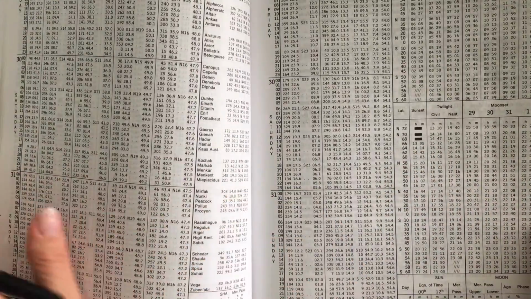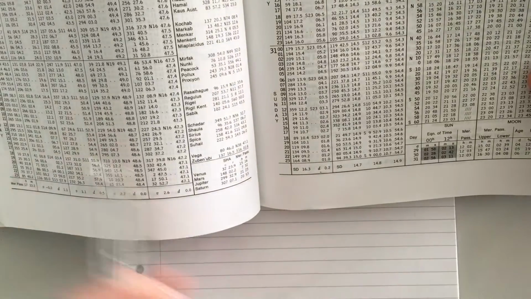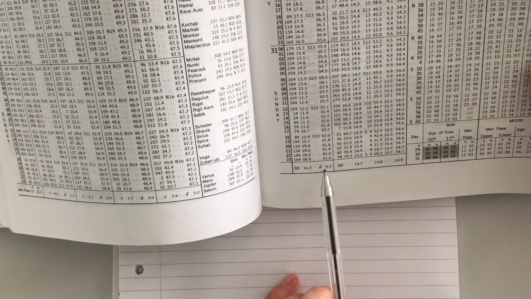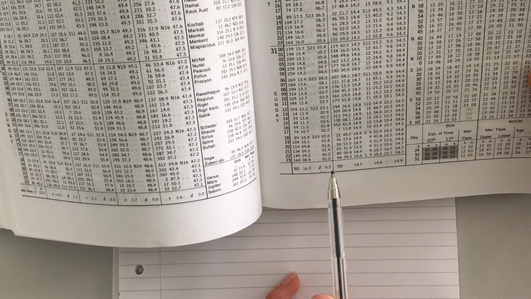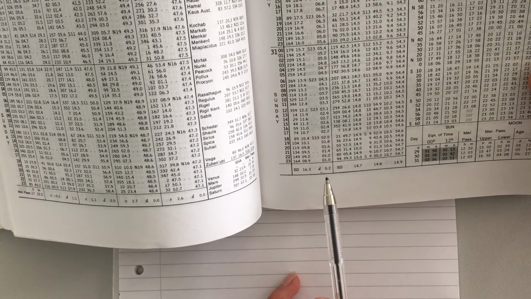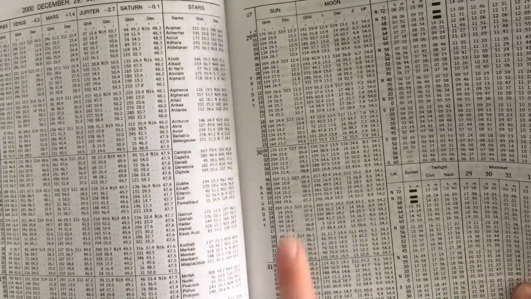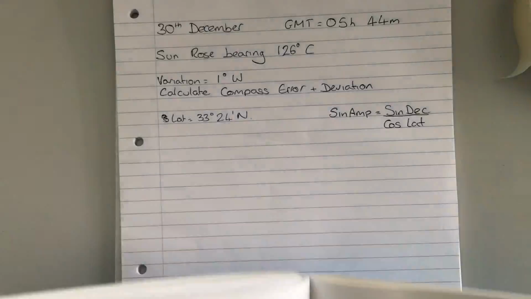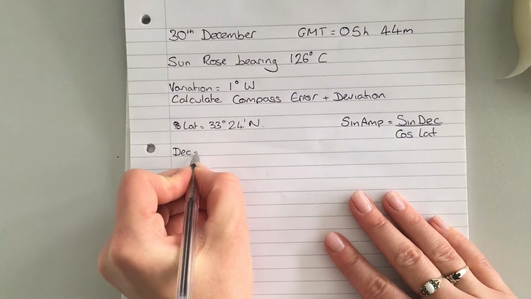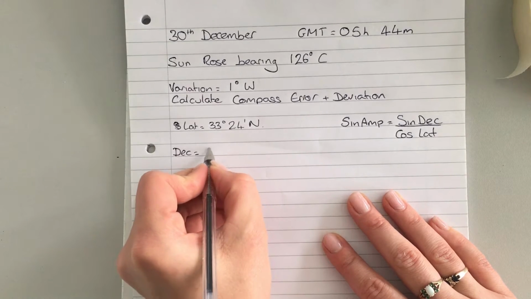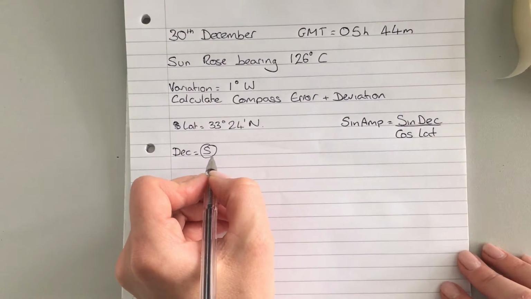In order to find the correction for the additional 44 minutes of time, we use the D number at the bottom of the page. So this is the hourly rate of change. That's how much the declination changes in 1 hour. We only need to know how much it changes in the 44 minutes from the question. So if I just write down the hourly information first. The declination at 5 o'clock on the hour was south, I put a little circle around so I don't confuse it with a number later on.